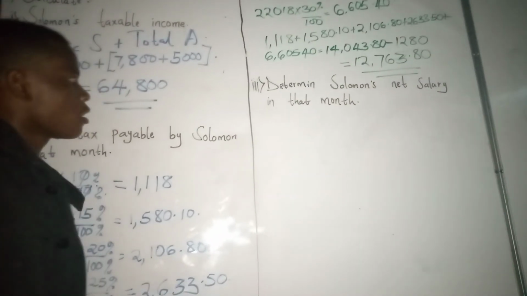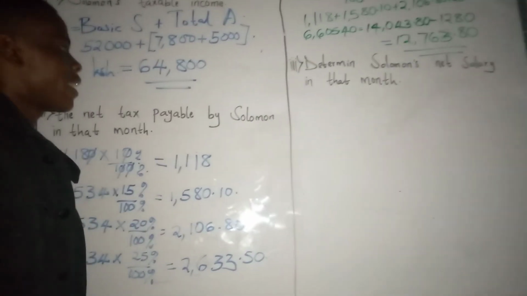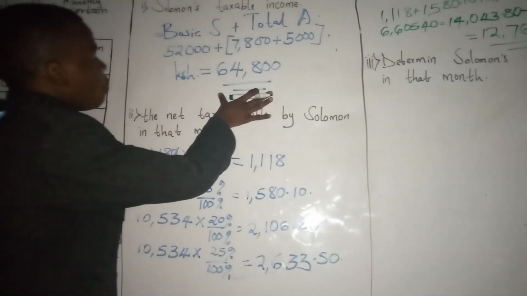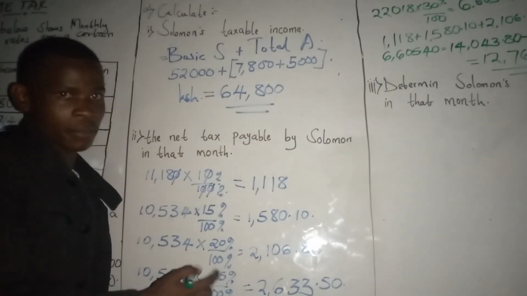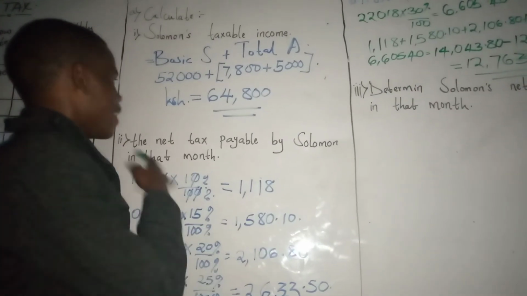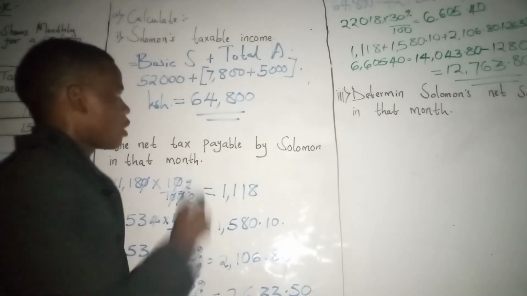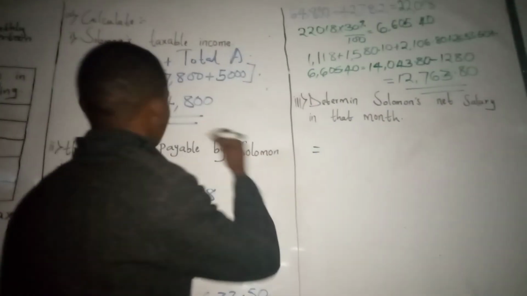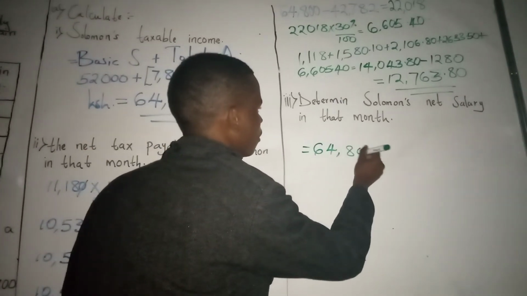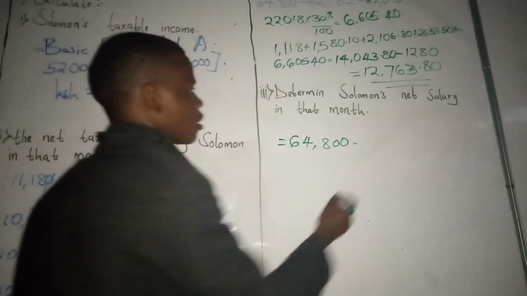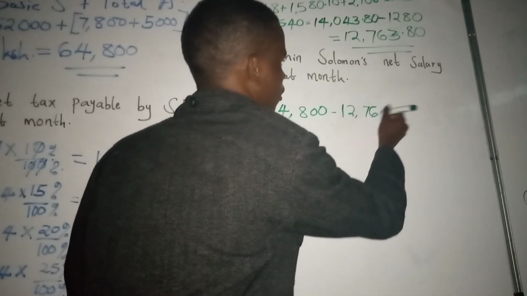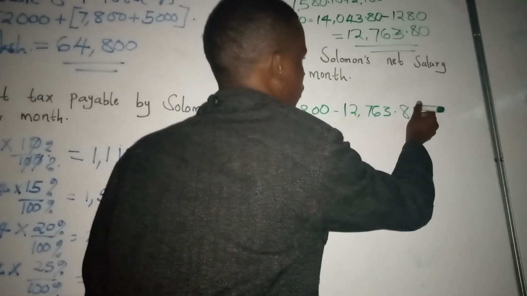Then we come to the last bit of our question, which states determine Solomon's net salary in that month. So determining Solomon's net salary, we are going to pick the taxable income, the income that Solomon was earning, then we subtract it with the net tax payable. So we pick 64,800 and subtract it with 12,763.80.